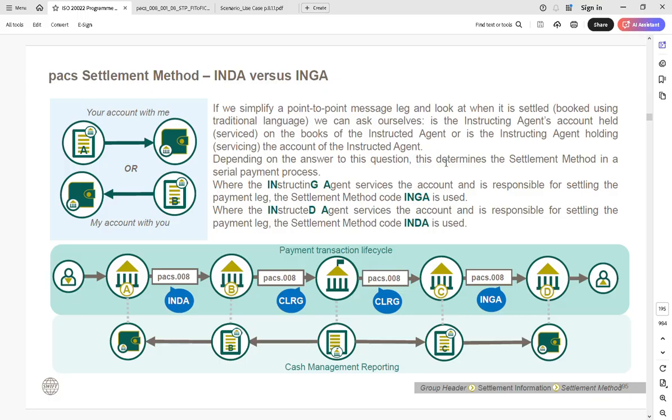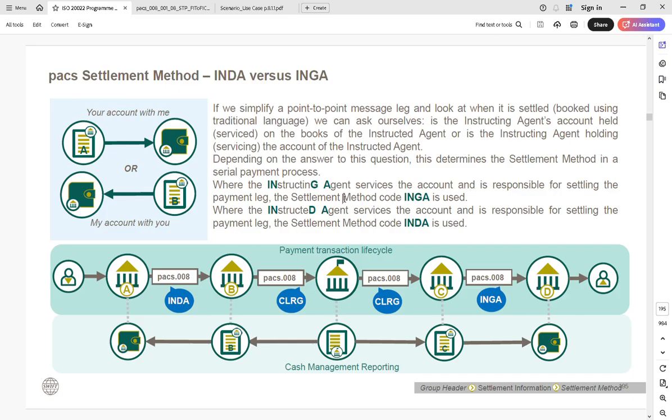Depending on the answer to the question, determine the settlement method in a serial payment process, where the instructing, okay, where the instructing means ING and A. That's why the name is INGA. Instructing agent services the account and it is responsible for settling the payment leg.